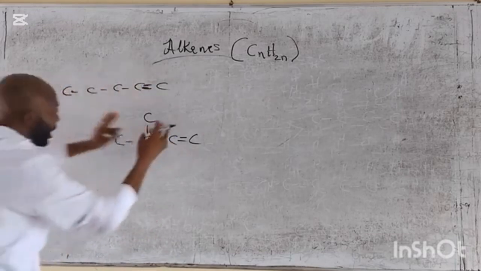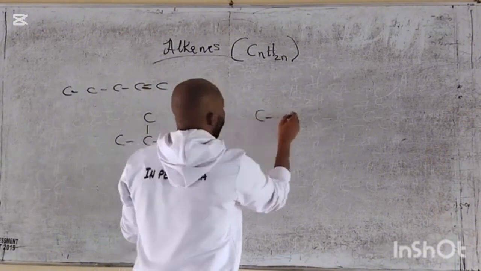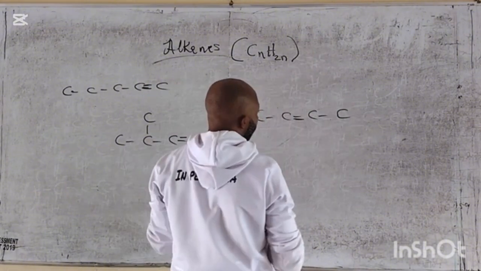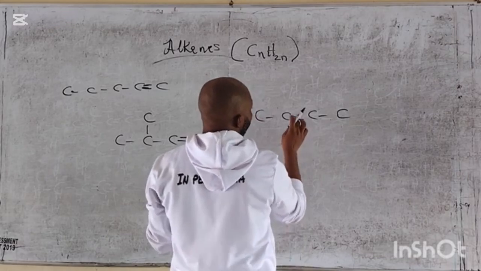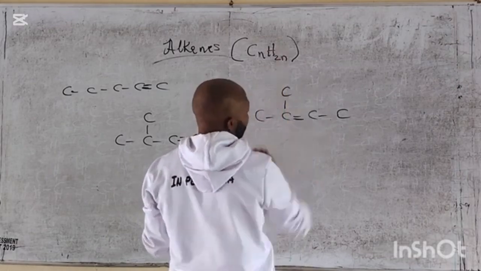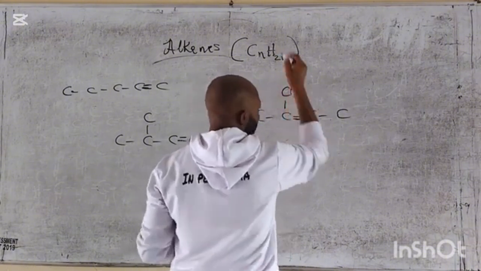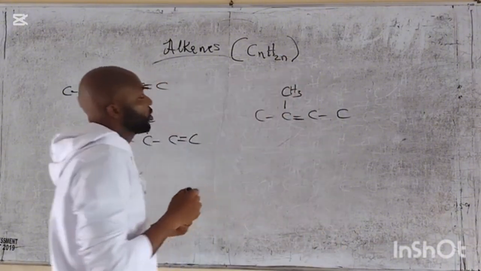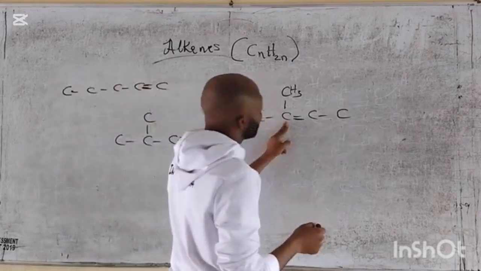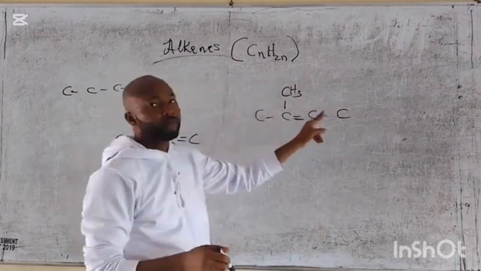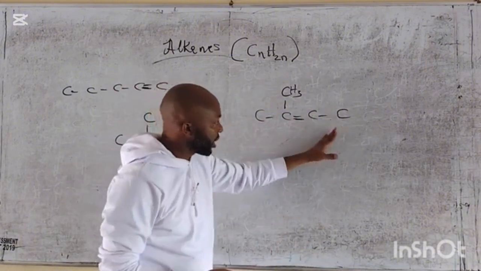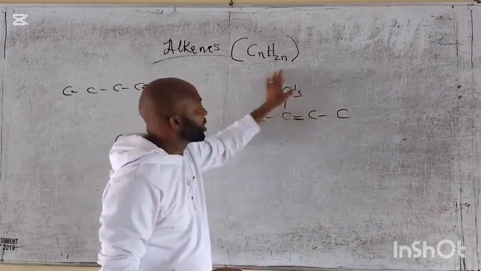And I can still have another one: 1, 2, 3, 4. I have my double bond here, and I still have my C here. This is CH3. Don't forget that. So this is 2-methyl-2-butene, because this is 2-butene and the methyl is on carbon 2.